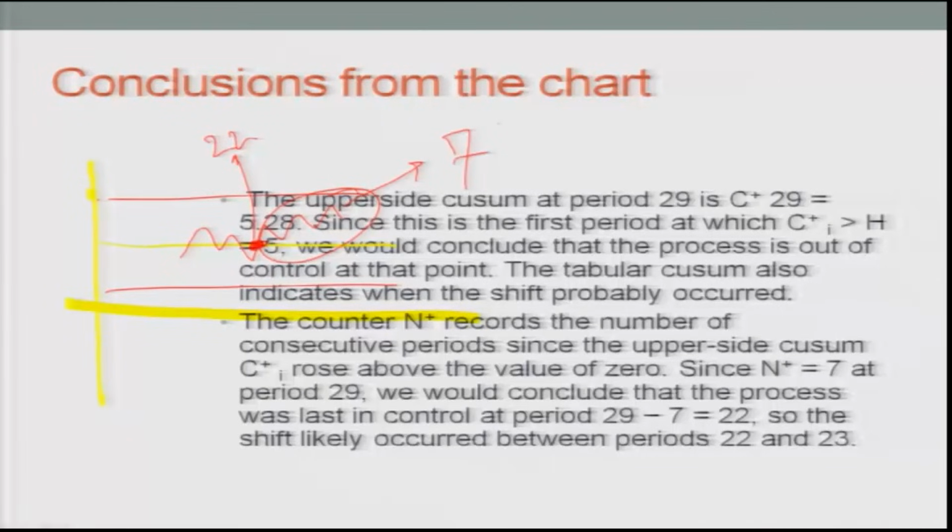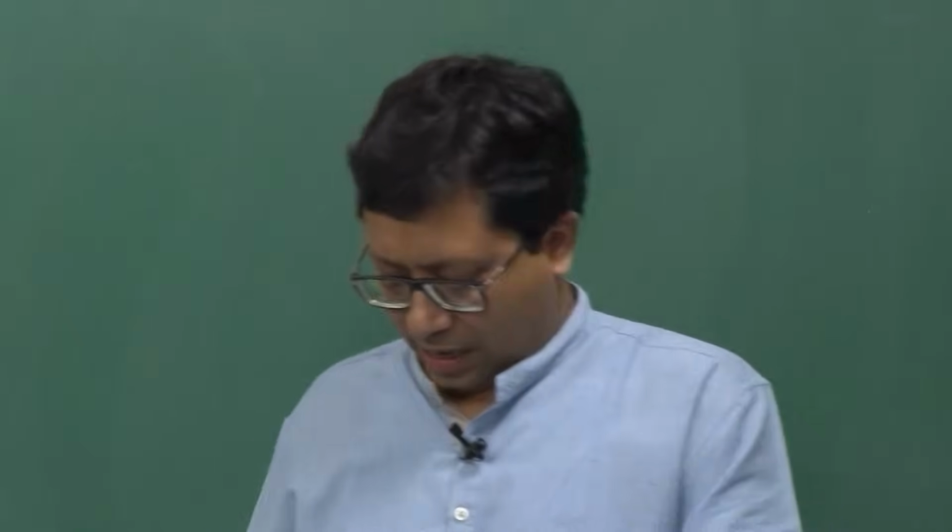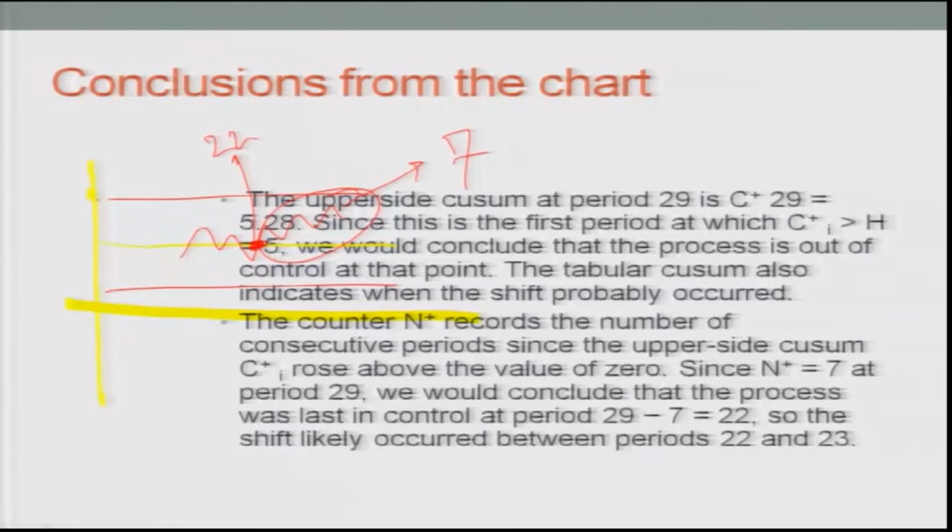So there has been an increasing trend in the number of values which are going up. It could be down also. And if I consider the value at the 29th reading, the value of C plus would be greater than H, such that at the 29th value the overall control is above the upper control limit.